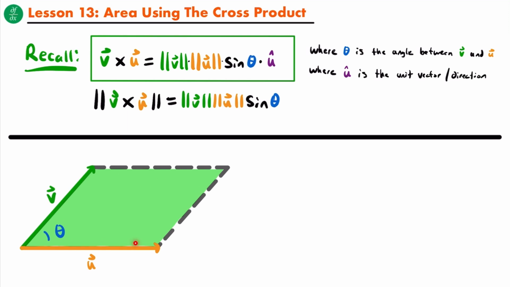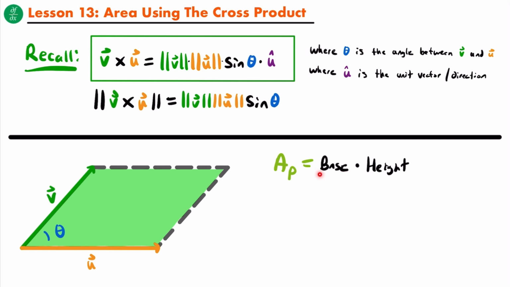And so for this parallelogram, how would we calculate its area? Well, in general, the area of a parallelogram, I'm going to represent that with capital A sub p, p for parallelogram, that is equal to the base of the parallelogram times its height.